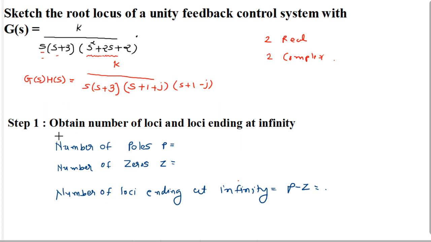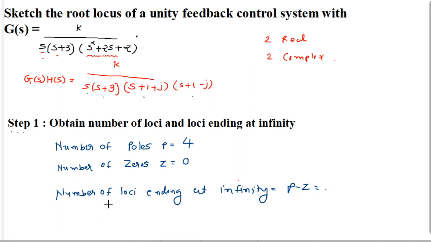Now, to construct the root locus, step number 1: obtain the number of loci and loci ending at infinity. Here you can see that the number of poles P is equal to 4: 1, 2, 3, 4. The number of zeros Z is equal to 0, because in the numerator there are no zeros.